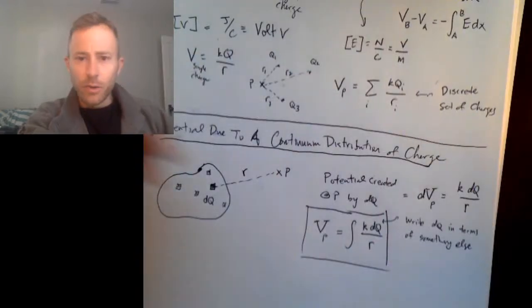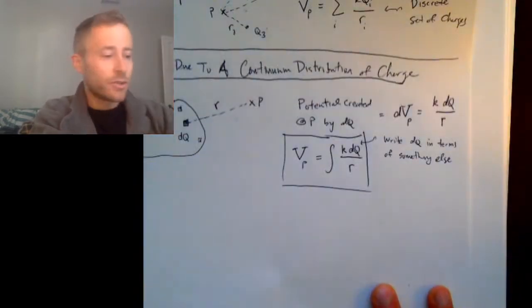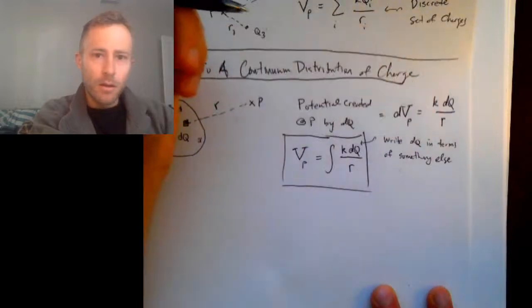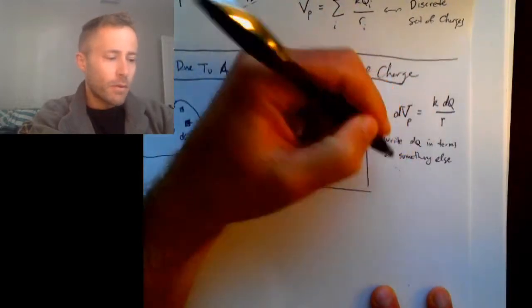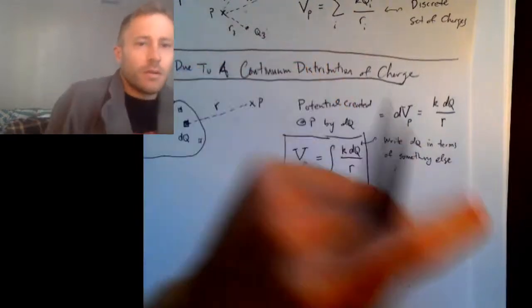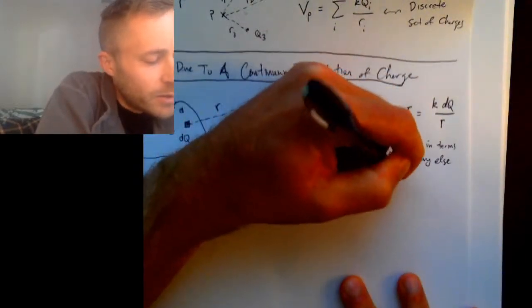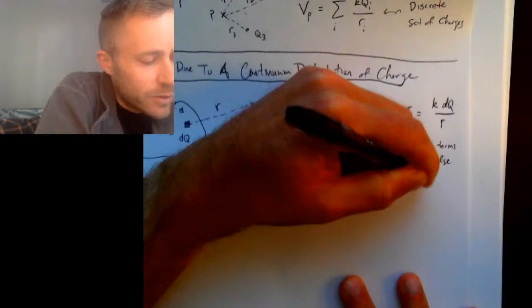Okay, so for example, if you have a line of charge, you might write something like lambda dx equals dq.